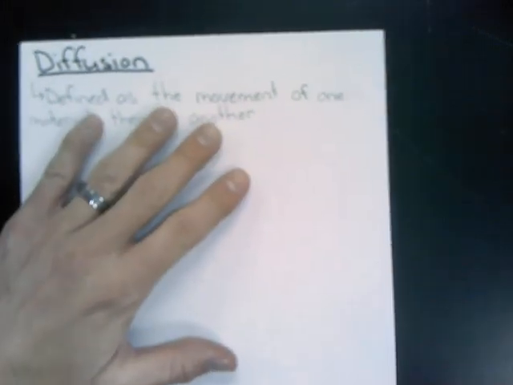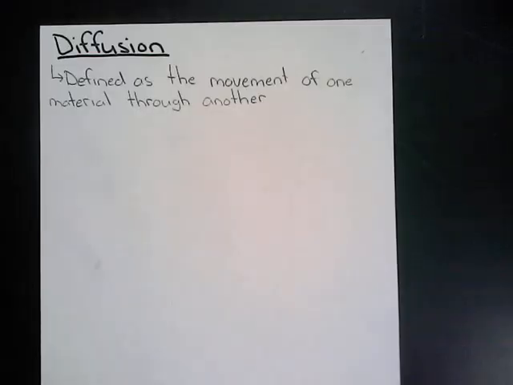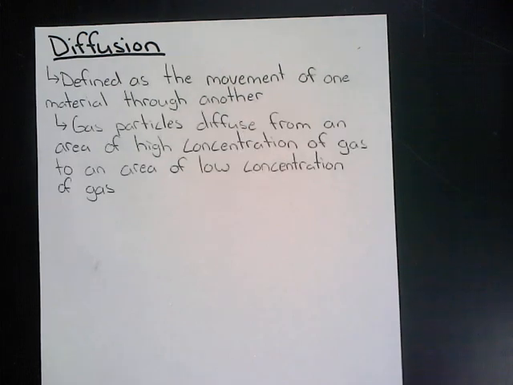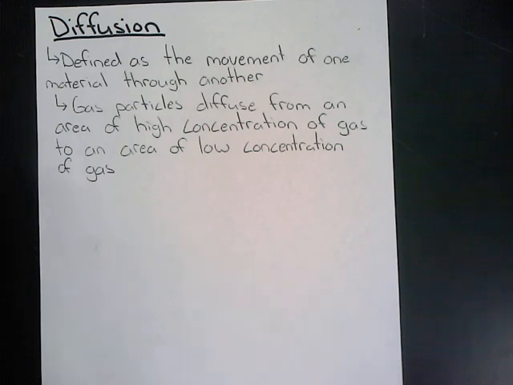Now, we should know that for a gas, this diffusion is going to happen because gas particles diffuse from an area of high concentration to an area of low concentration of gases. So we have to think why this happens. Why do gases diffuse from areas of high concentration of gas to an area of low concentration of gas?